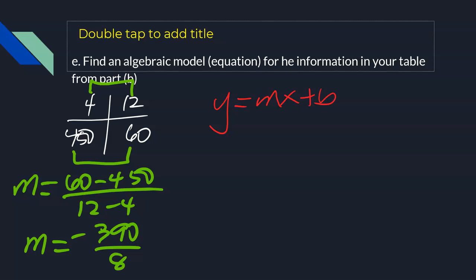Negative 390 over 8, and that is equal to negative 48.75. So that is our slope.